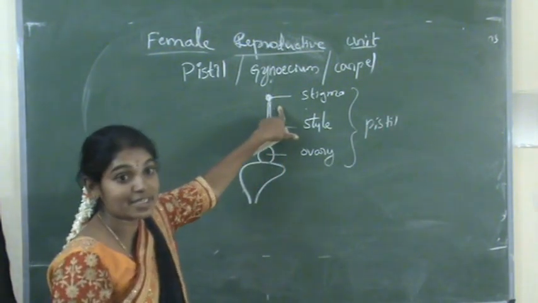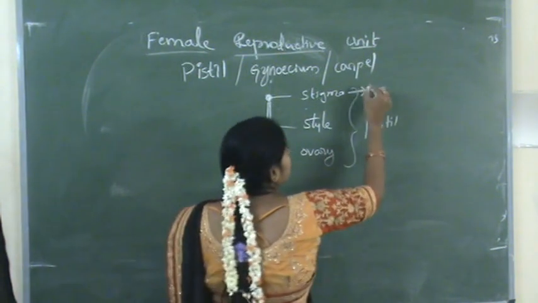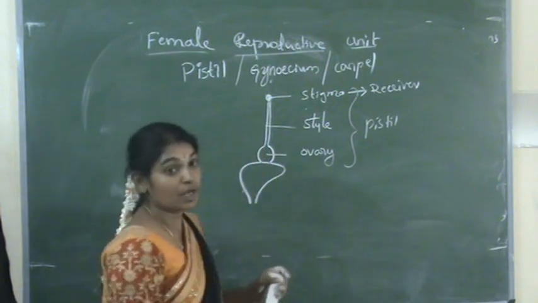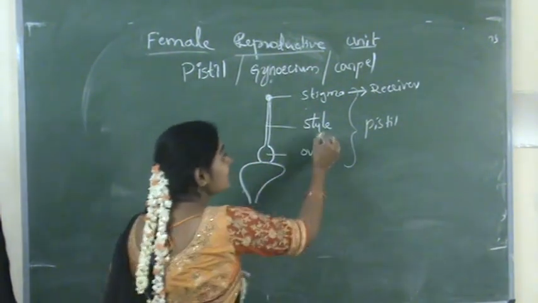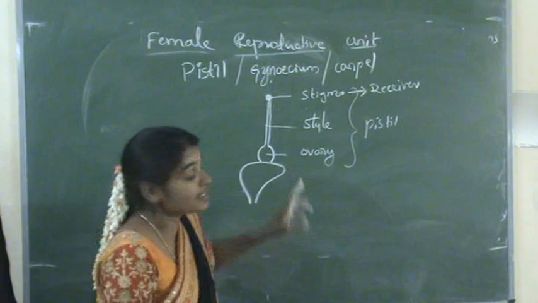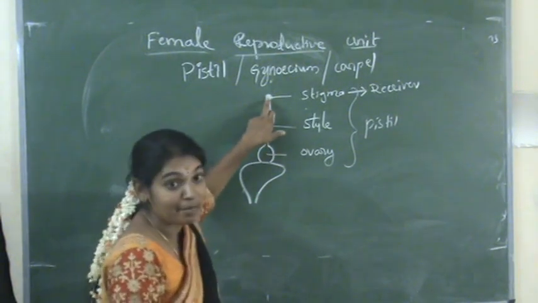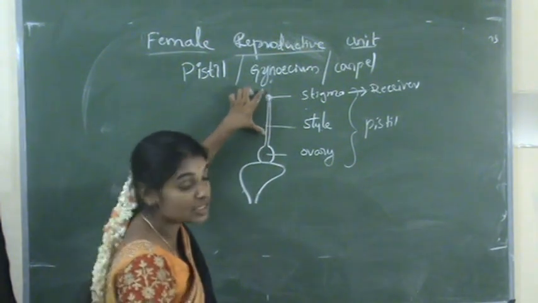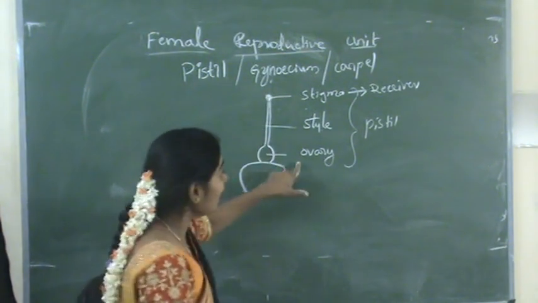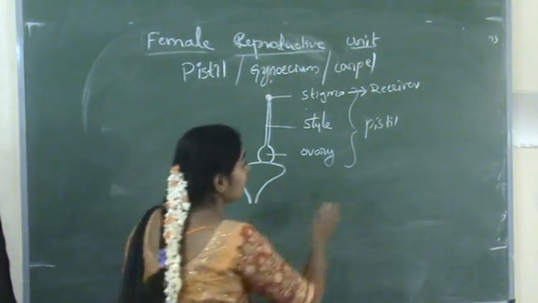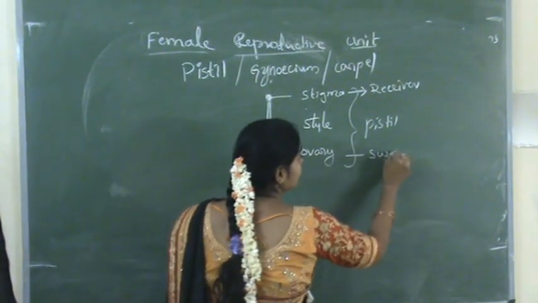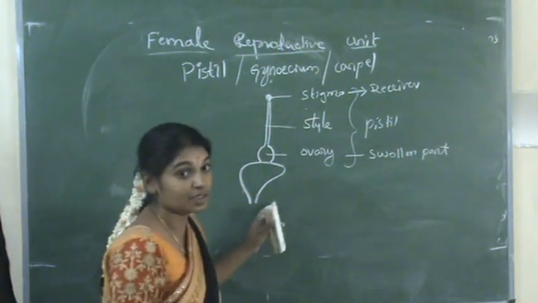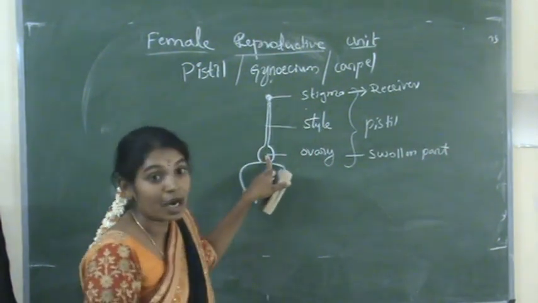And stigma is the receiver of the pollen grains, and style transfers the pollen grain or male gametes to the ovary. So this is the connection between stigma and ovary. And ovary is a swollen part in which the ovules are arranged.